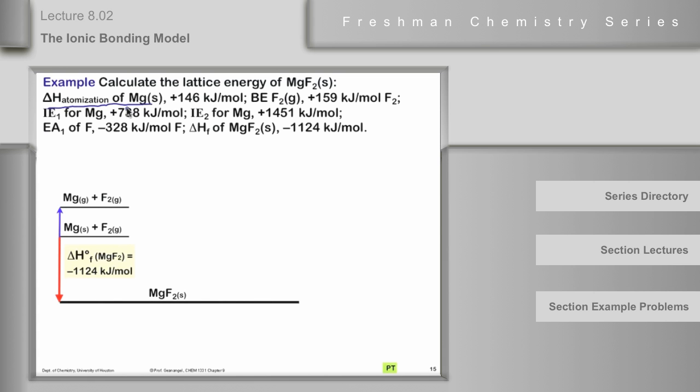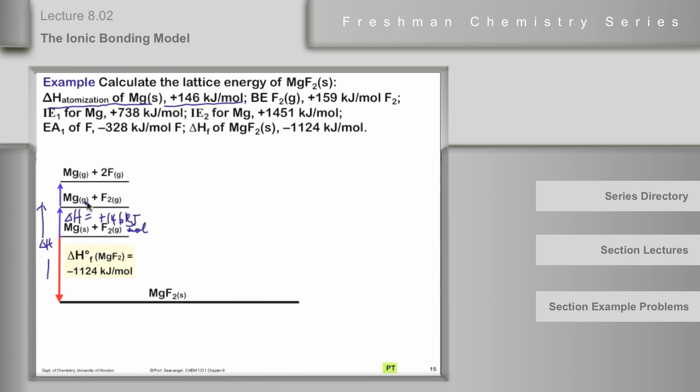Sometimes it's called the delta H of sublimation. Those two things are the same. So that means to get from this level, this is delta H increasing this way, from this level up to this level, delta H is equal to plus 146 kilojoules per mole. Right up there it is. Okay, so that gets us to that point.